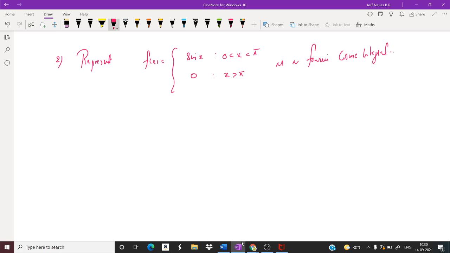So here we have to find the Fourier cosine integral. Solution: tell me what the Fourier cosine integral is.